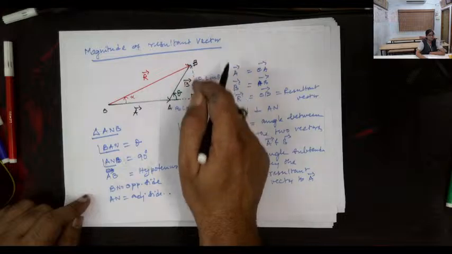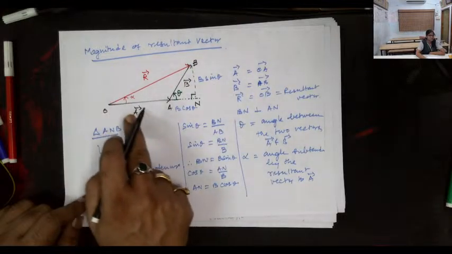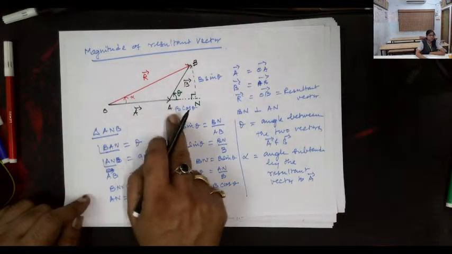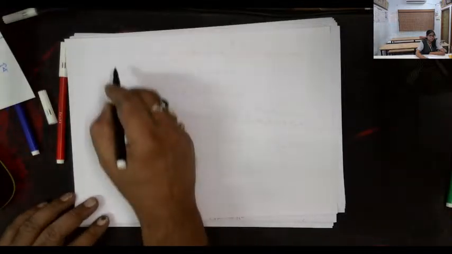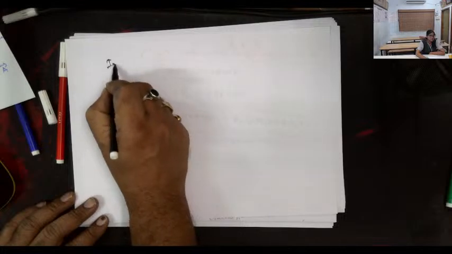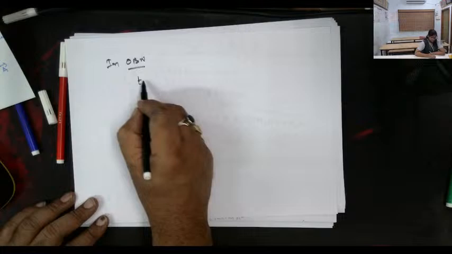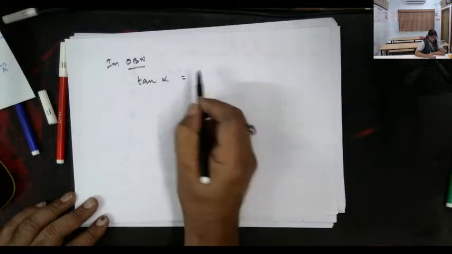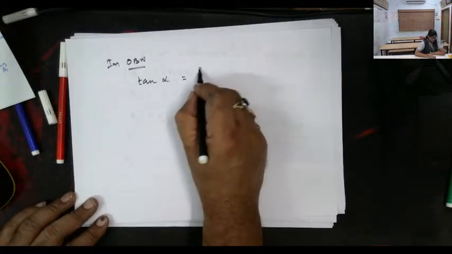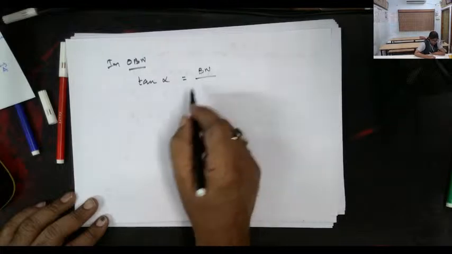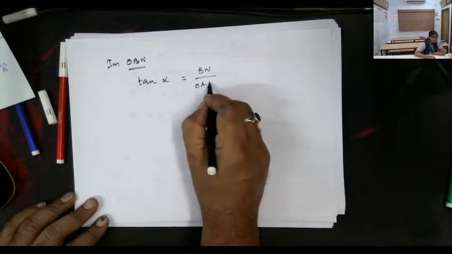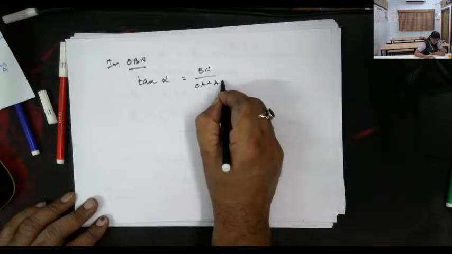So B sin theta divided by A plus B cos theta. Therefore, in triangle OBN, tan alpha is equal to BN divided by OA plus AN.